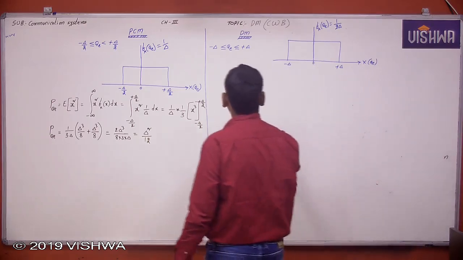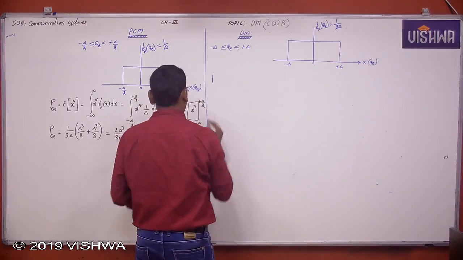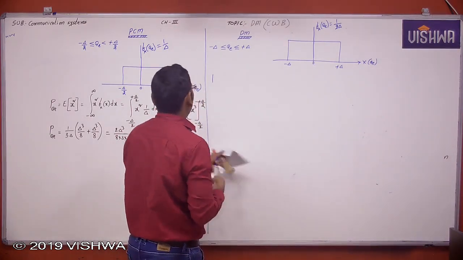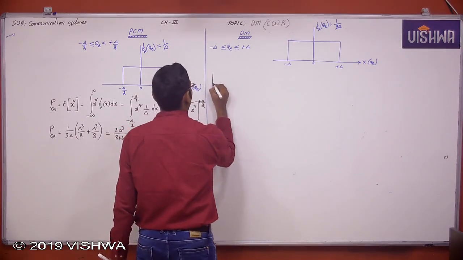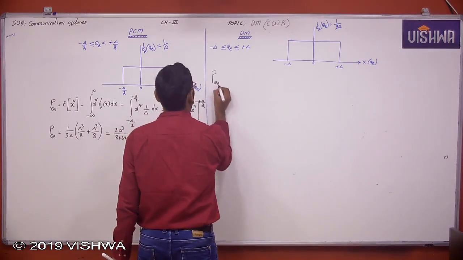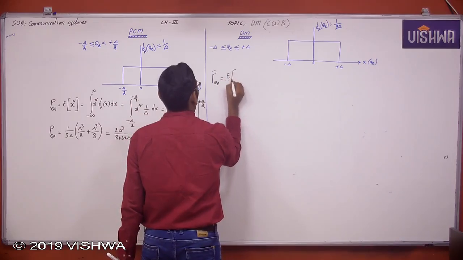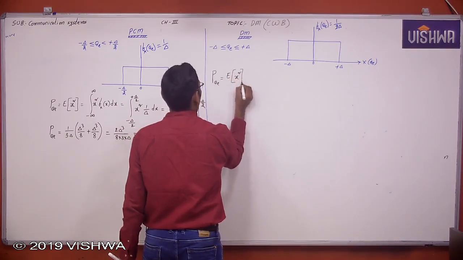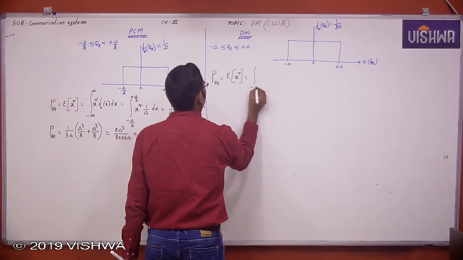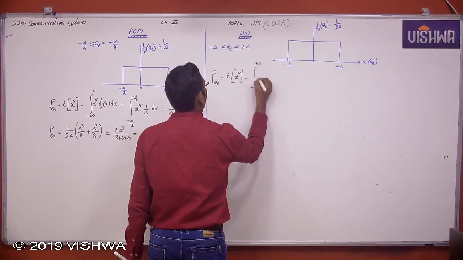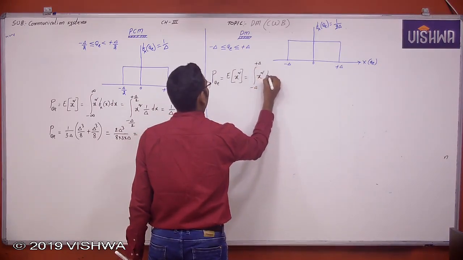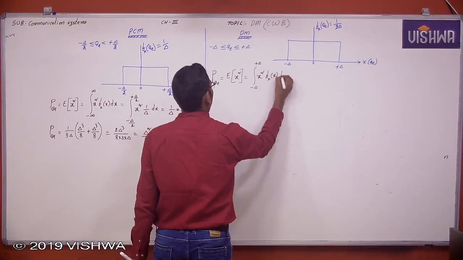Now similarly, can you find the quantization noise power in the same manner? So the quantization noise power of a delta modulation is nothing but the mean square value, integral from minus delta to plus delta of x square fx of x dx.